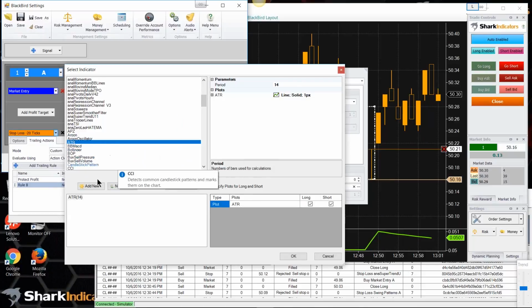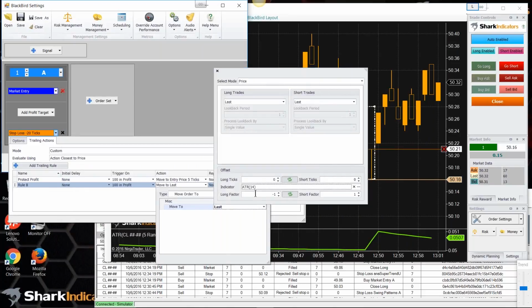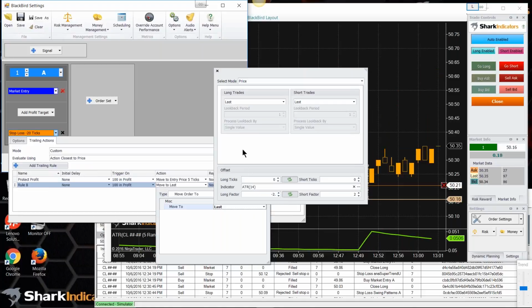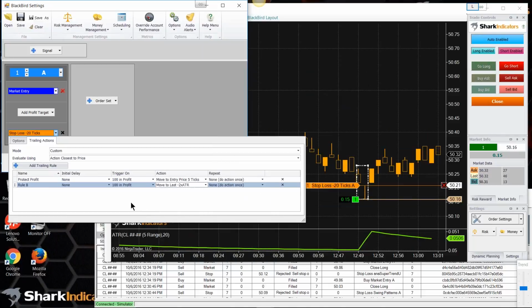So once again, we could go back and use the ATR to calculate our offset. So we'll do a 2 ATR offset. So I'm doing a 14 period ATR, something like that. So there we go, right?